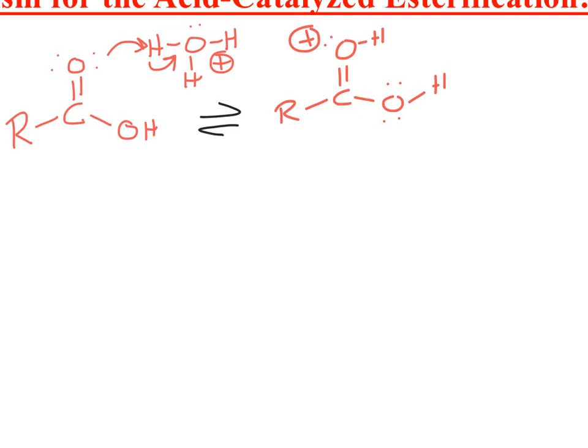And this protonated carbonyl then, the carbon of that is much more electrophilic, and therefore if we've got a nucleophile around, in this case our nucleophile is going to be our alcohol. We typically run this reaction, the solvent for it is the alcohol that we plan on making into the ester.